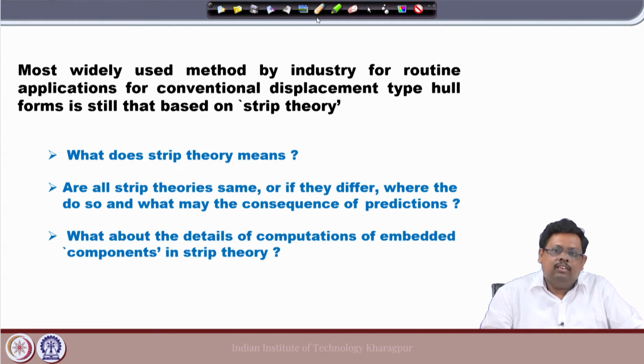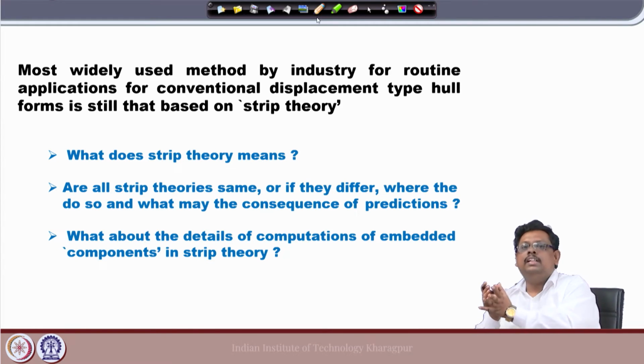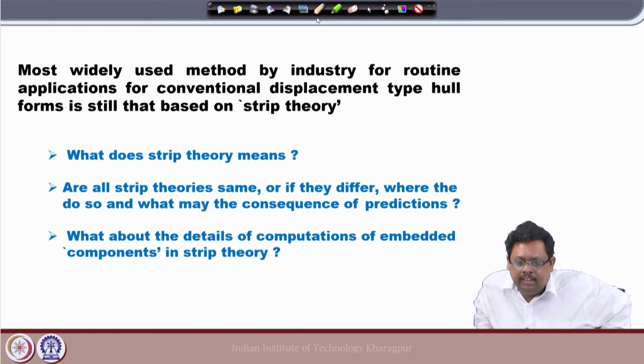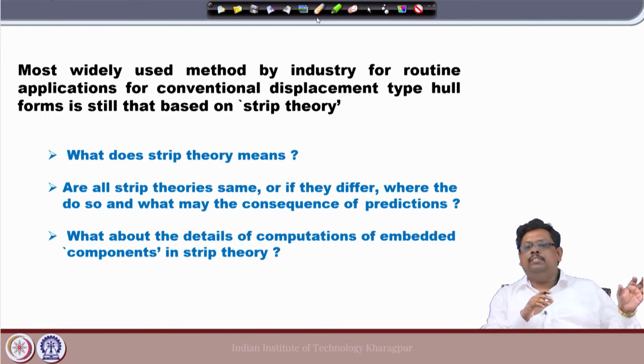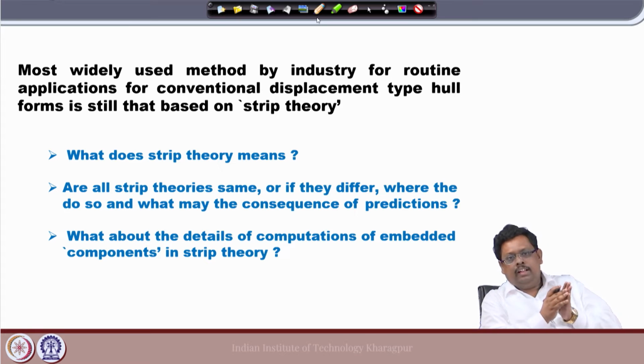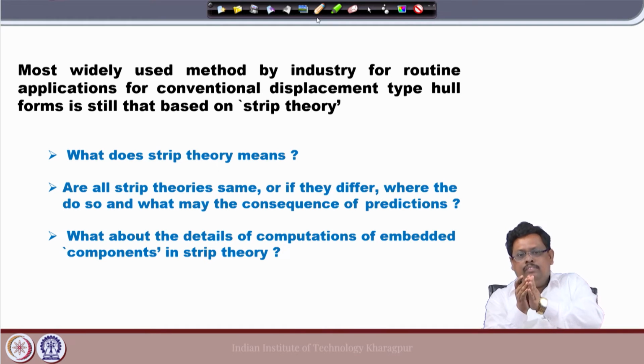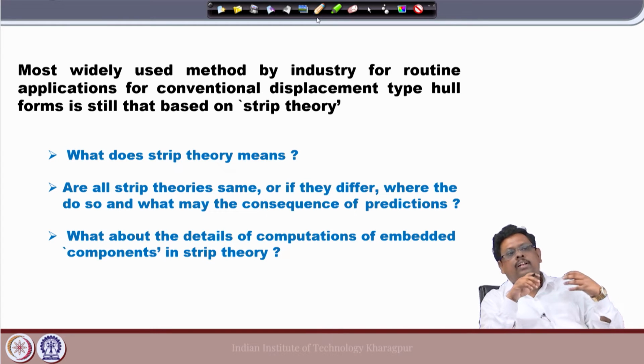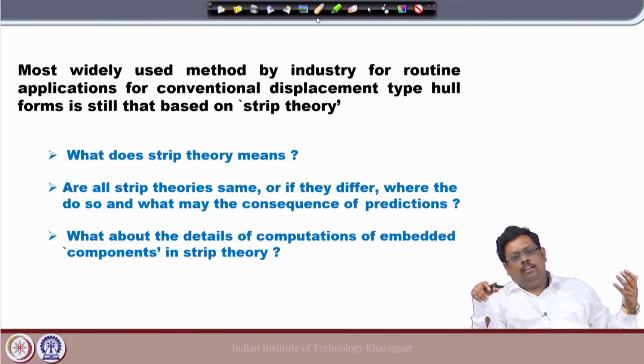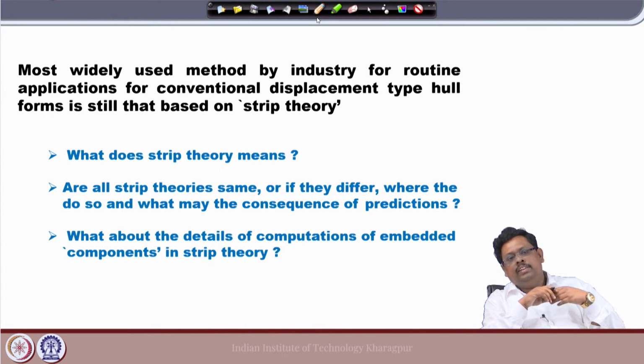Now, are all strip theories the same? As I said, no. If they differ, what would be the consequence for the prediction? Say this is strip theory 1, then you have strip theory 2 and strip theory 3, three types of strip theory, and you are trying to figure out the global motion using them.